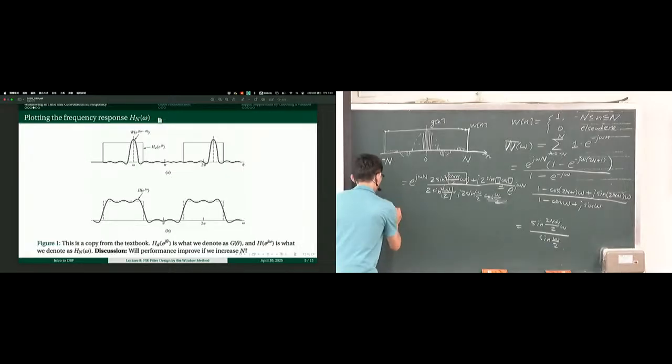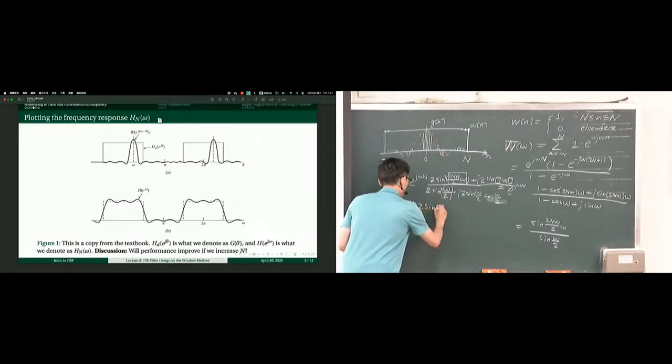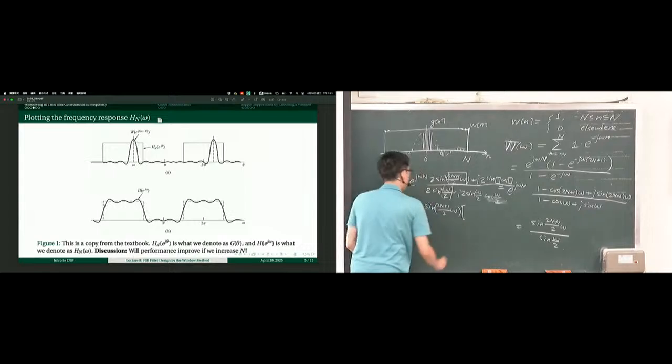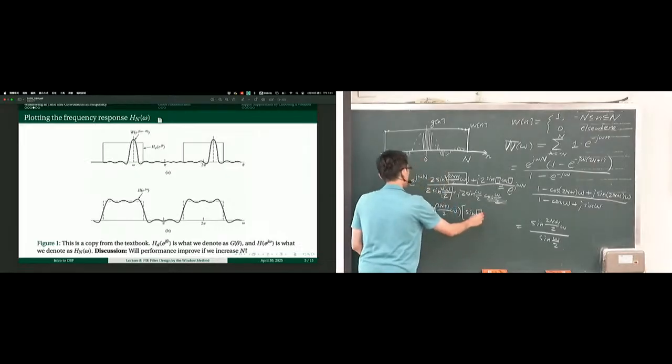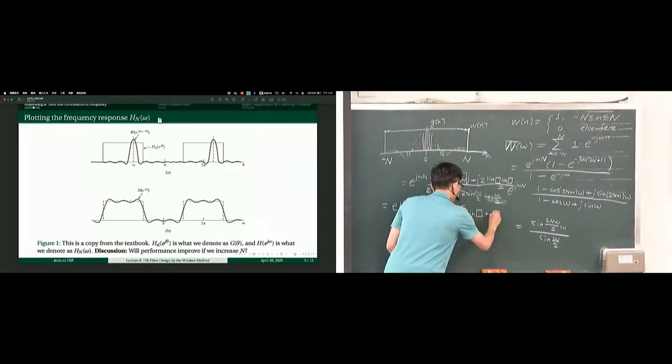So finally, we have e to the j omega n, and we can extract sine of 2n plus 1 divided by 2 times omega, and the inside becomes sine of that plus j cosine of that.